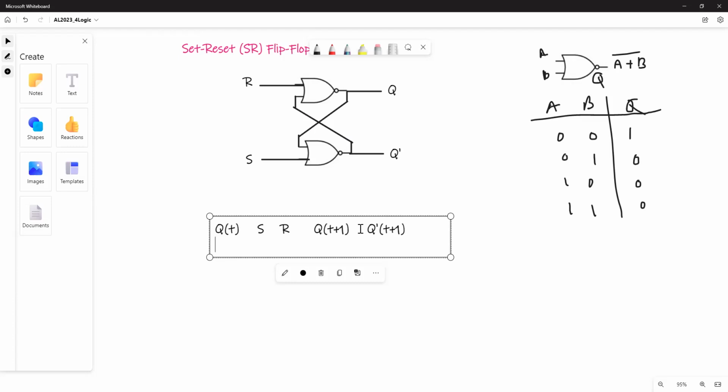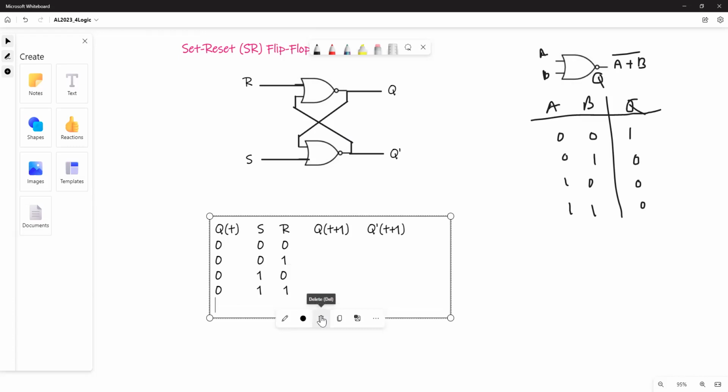Right. Now there could be several inputs. So what are the inputs? We know we can have 0, 0, 0, and then we have 0, 0, 1. We have 0, 1, 0, then we have 0, 1, 1.